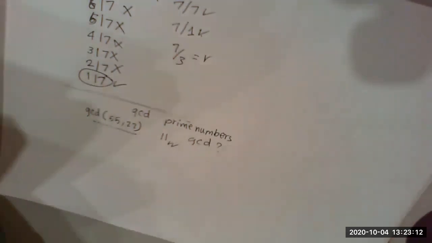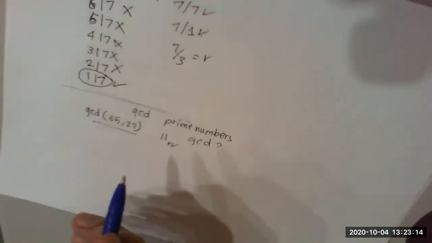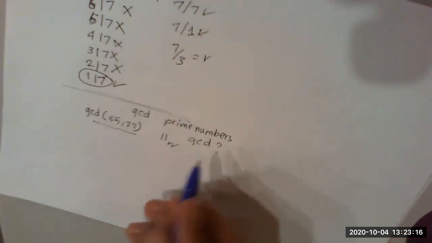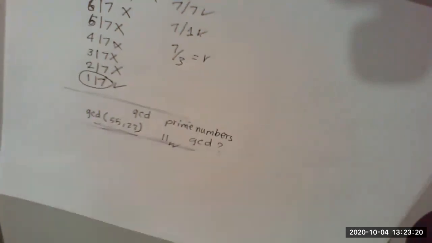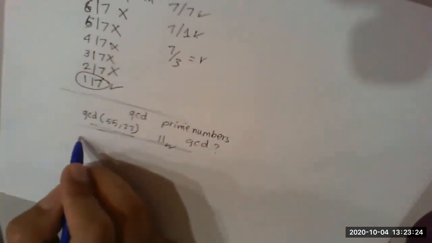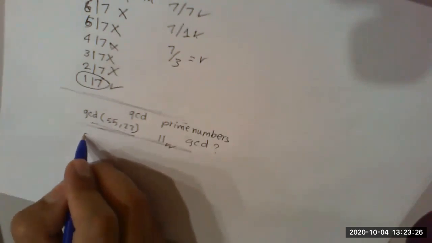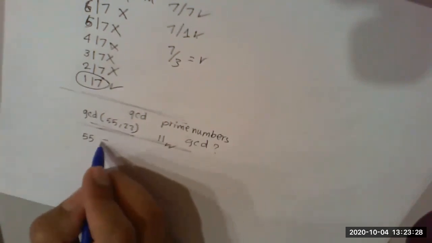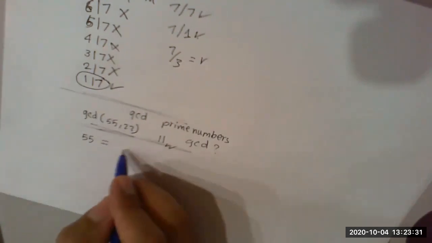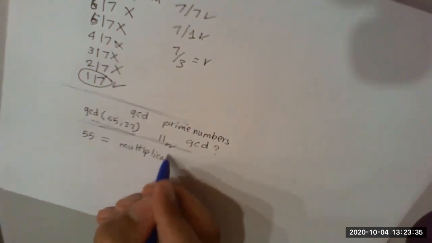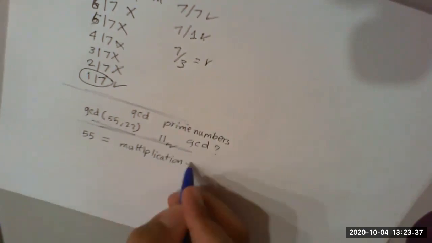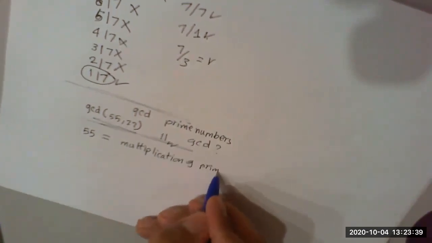What is important about any number? Before solving this problem, let's get to a very important property of prime numbers. I can write any number, for example 55, as a multiplication of prime numbers.